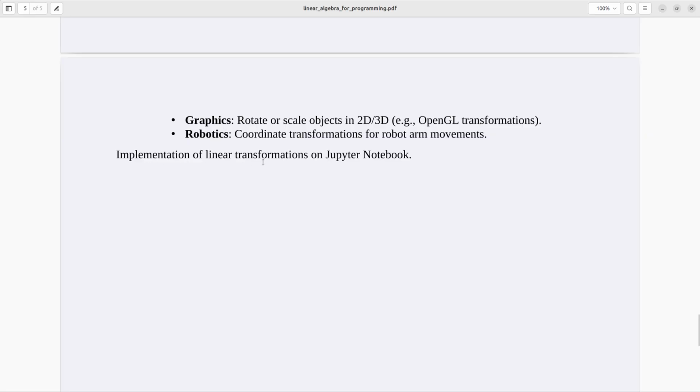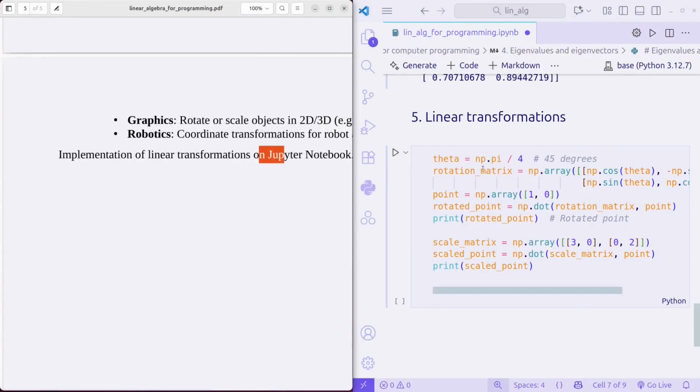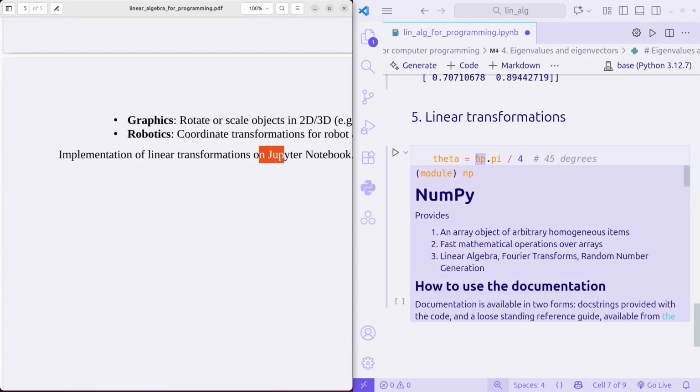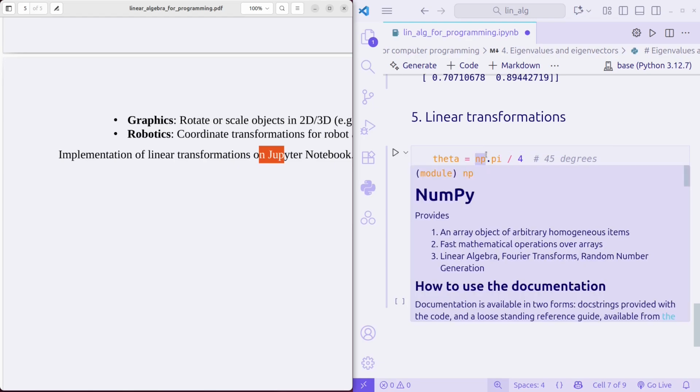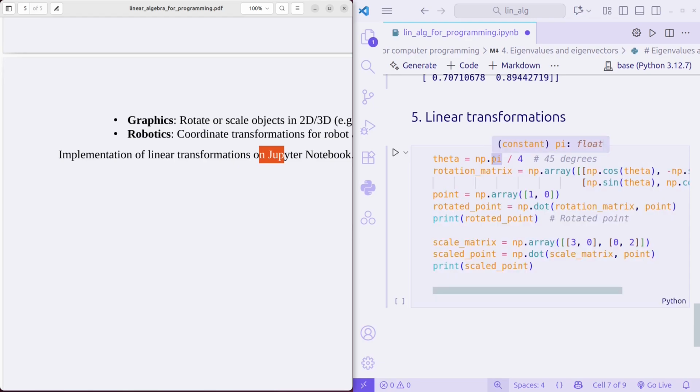So let us see how we can apply the linear transformations in Jupyter Notebook. So here, I decide to do the rotation by 45 degrees, which is equal to pi over 4 in radians. So np.pi is able to get the pi value in the computer. And pi over 4 is just obtained by np.pi/4. Okay, so that is the theta of my transformation.